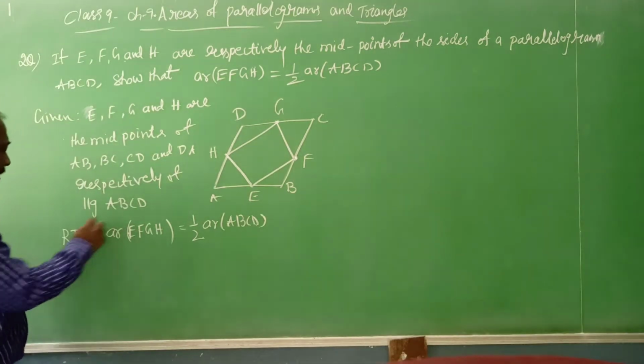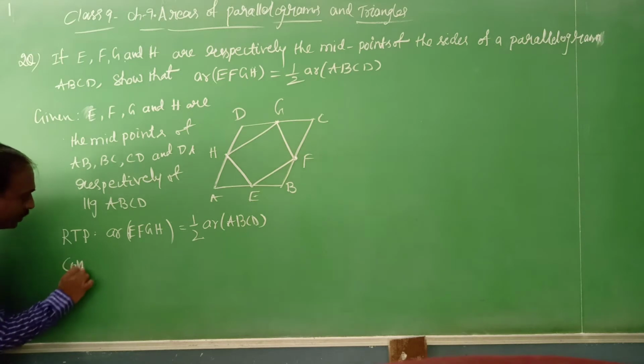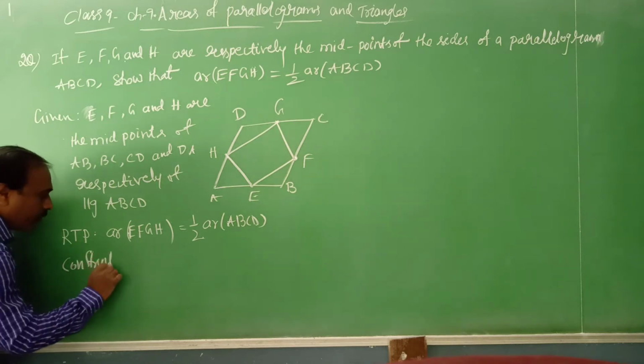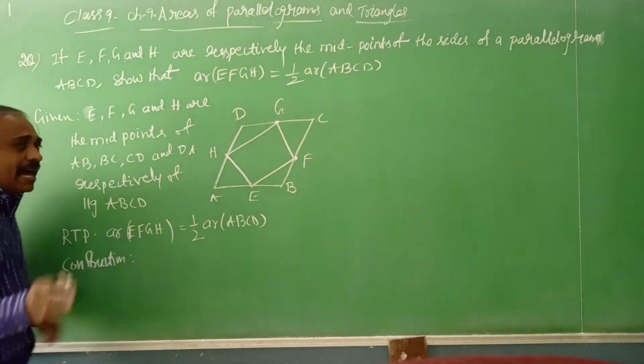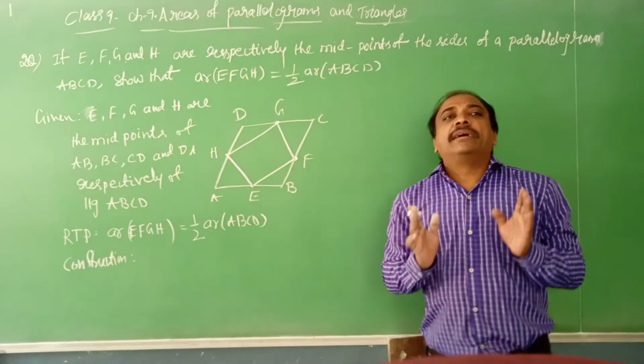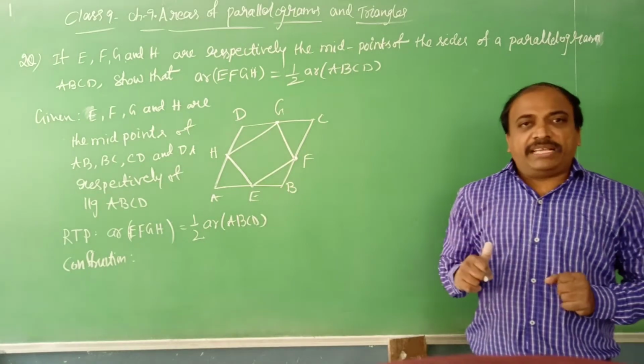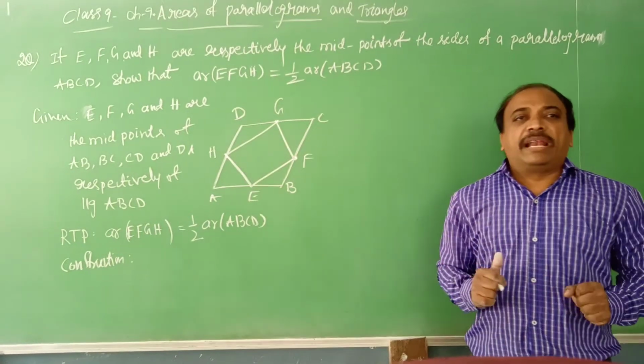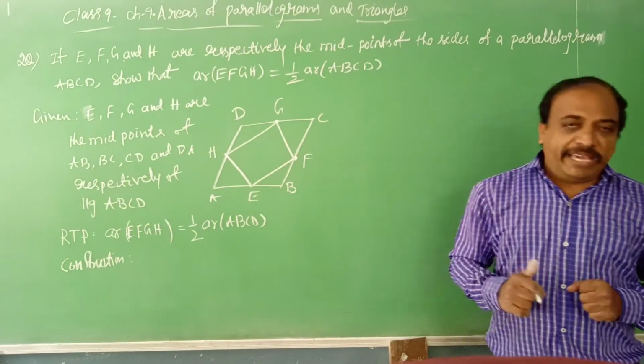Now, to prove this, we have discussed two things. One: if two parallelograms are on the same base and lie between the same parallels, then their areas are equal.